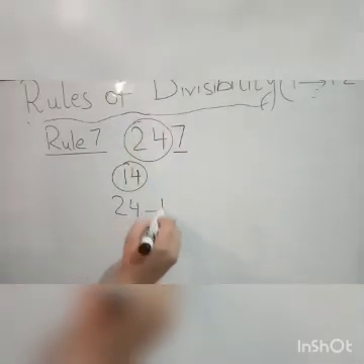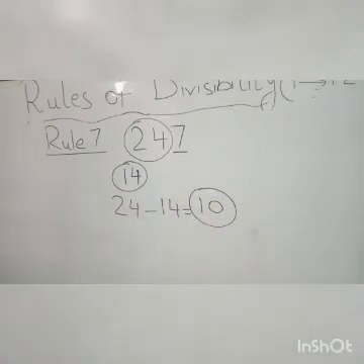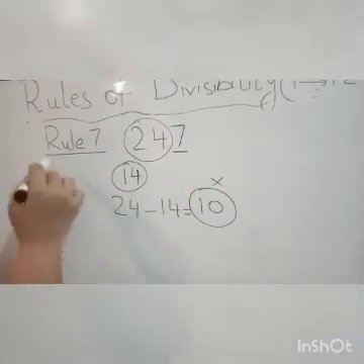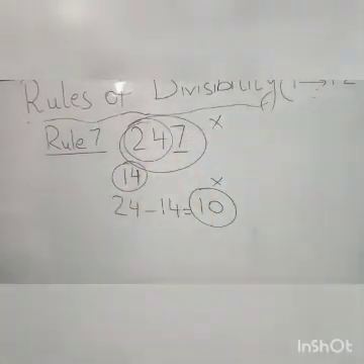So 24 minus 14, you get 10. Now check whether this number 10 is divisible by 7 or not. As 10 doesn't come in the 7 times table, 247 is not divisible by 7. So that is the rule for 7.